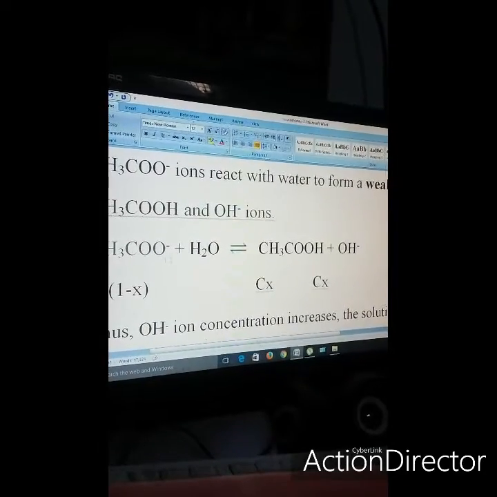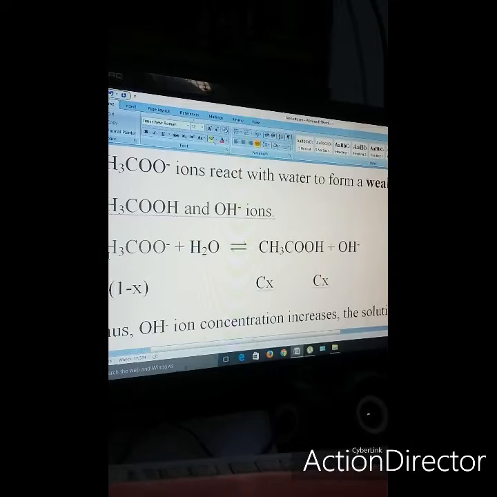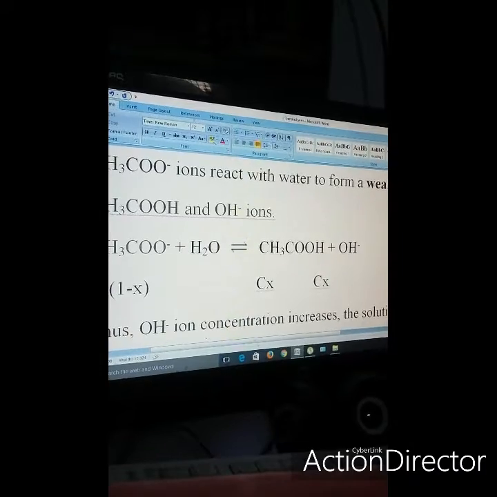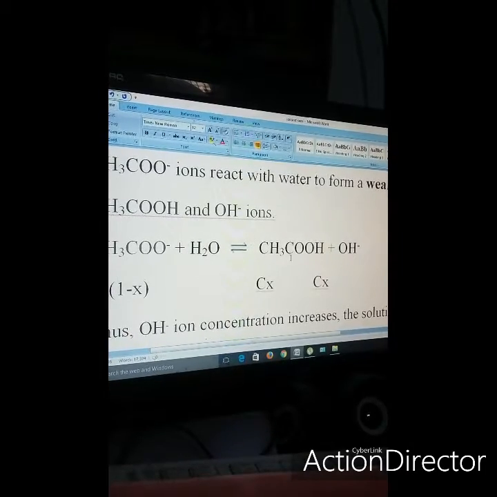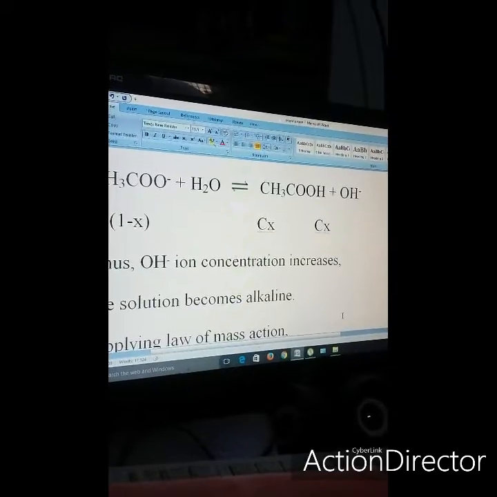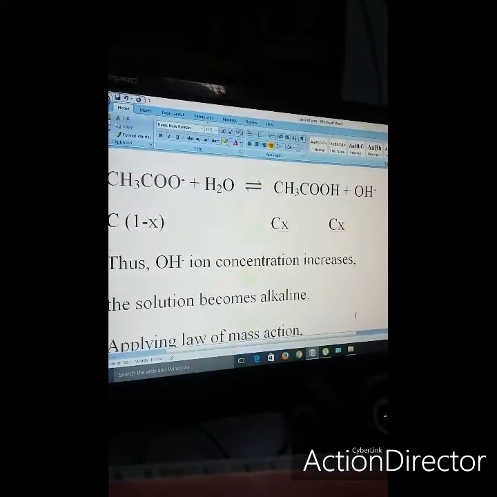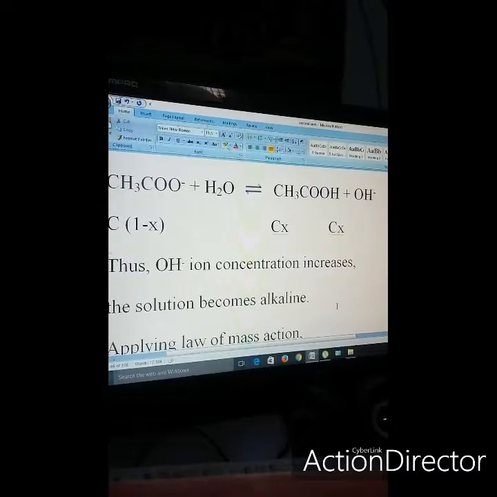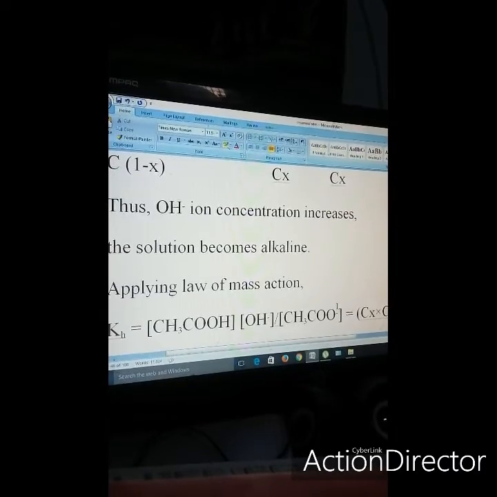Let us say that the concentration of acetate ions is C(1 minus x), the concentration of acetic acid is Cx, and hydroxyl ion is Cx. Thus the OH concentration increases, so the solution will become alkaline. In this case we will be applying the law of mass action.